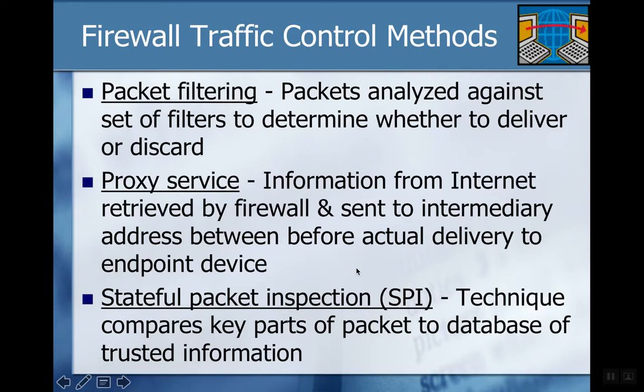Another approach within firewalls is something called a proxy. The idea is that the firewall will actually receive the information and serve as a blocker between the two points. So rather than just letting it pass through, it will send it to an intermediary address before actual delivery to an endpoint device.